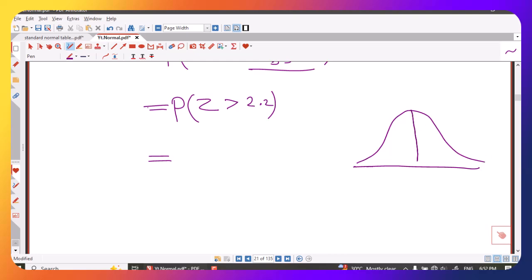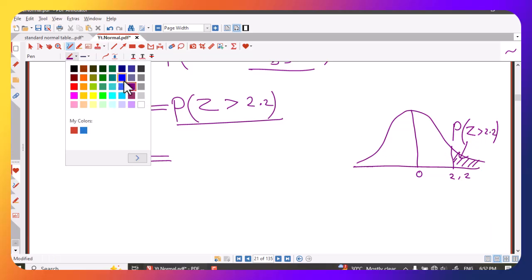Suppose approximately this is standard normal density curve. Somewhere here I have 2.2 and I am interested in this area. Z is greater than 2.2, that is area to the right of 2.2 is the probability that Z is greater than 2.2. So here also we are applying the same logic.